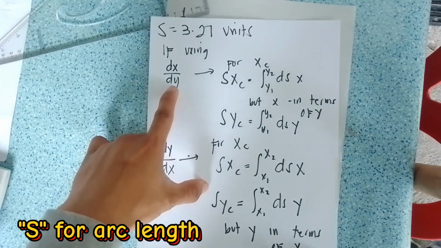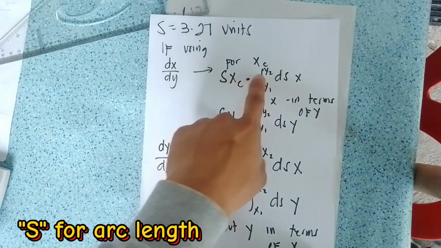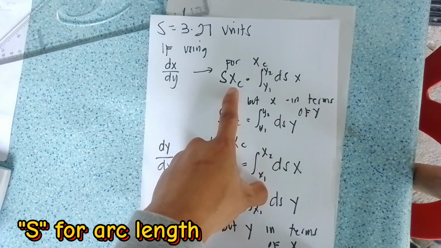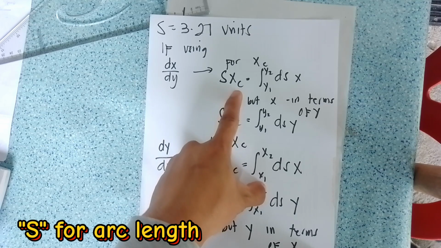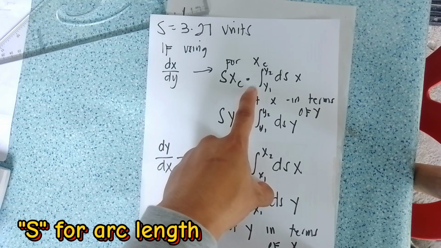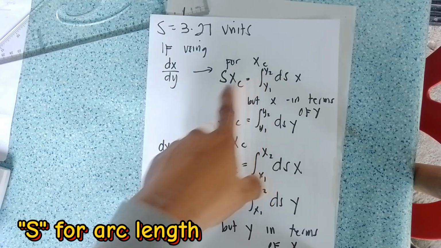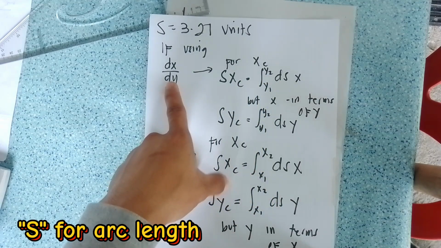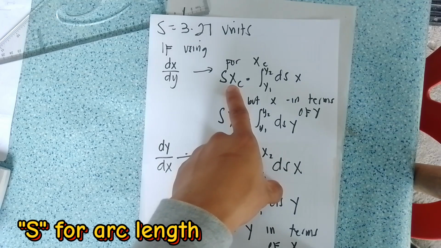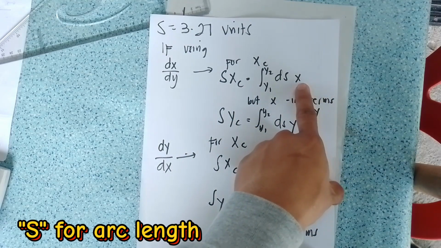If you're using dx over dy, since solving for the x centroid, you will get arc length times the x centroid is equal to the integral of ds with limits y1 to y2, since we're having dy here in the denominator, times x. So kung anong centroid nga sagap mo, the multiplier would also be the same variable.